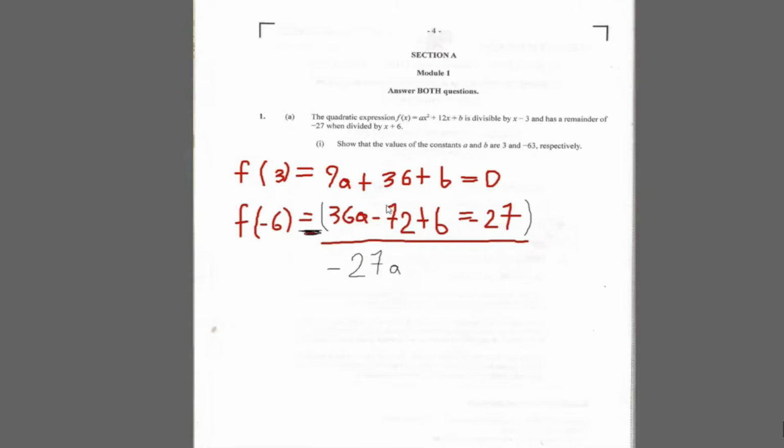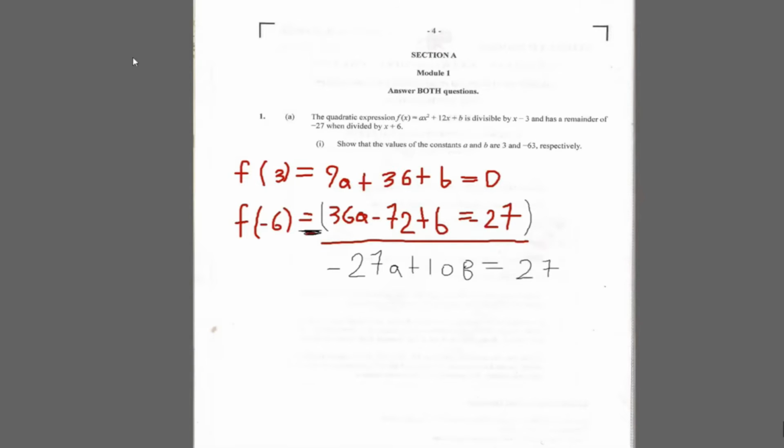Then you have 36 minus 72, which is plus 108. b minus b cancel. And then 0 minus 27, so that's just 27.